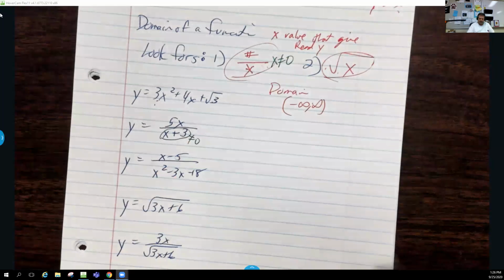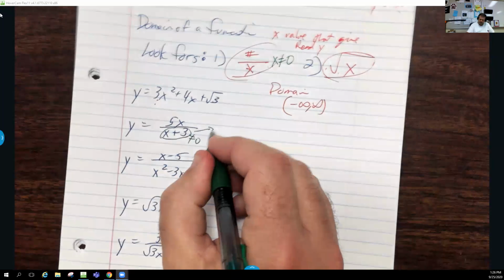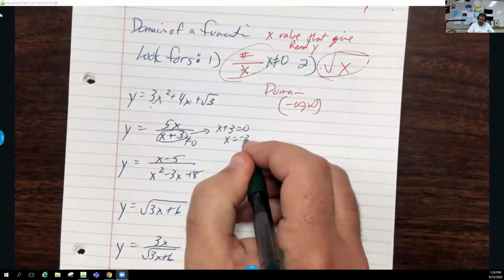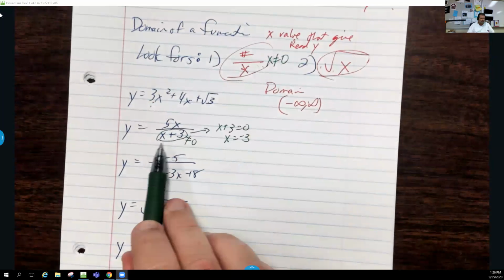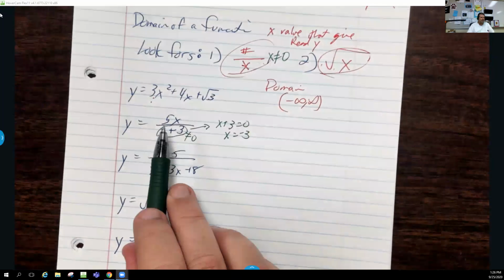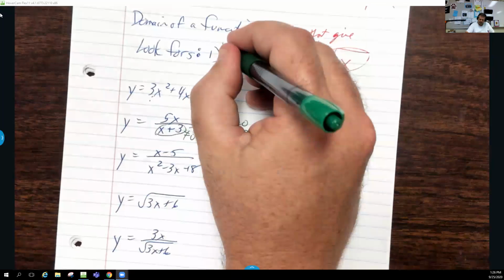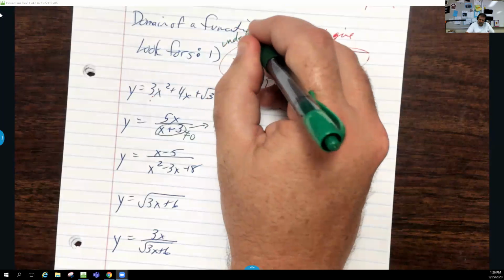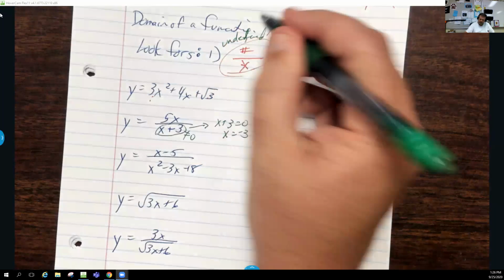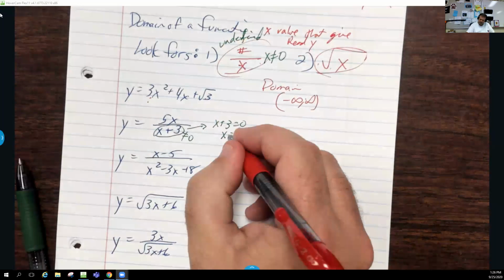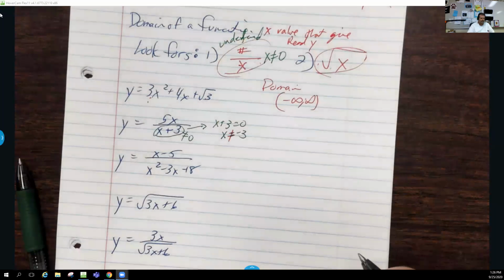Okay, if it does, it's undefined. So what we do is we take the bottom piece, set it equal to 0, and if x is negative 3, negative 3 plus 3 is 0, the bottom is 0, that makes it an undefined term. Okay, so in essence, you cannot be negative 3.